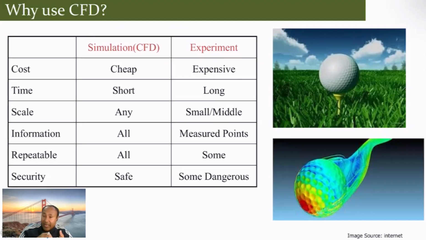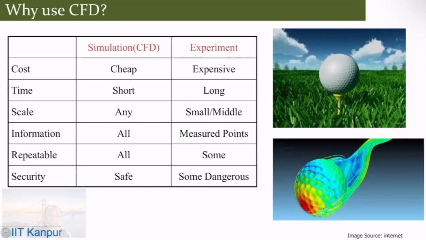The time is short. There is no limitation to the scale. You can do complete scale simulation. The complete information is available. It's repeatable. It is not hazardous. These are the advantages, and that is why this should go hand in hand with the experiments and should be used as preliminary design data, which can be obtained from CFD or any CAE tool, and that can be taken for the further decision making process.